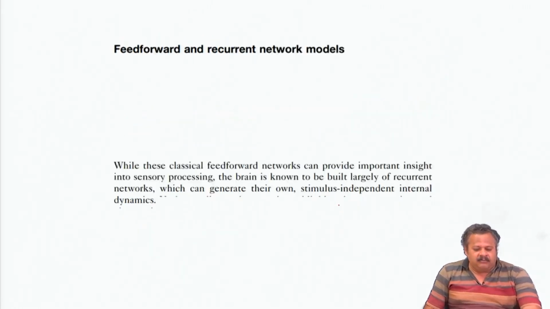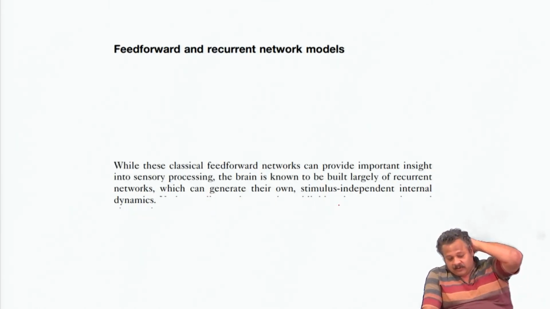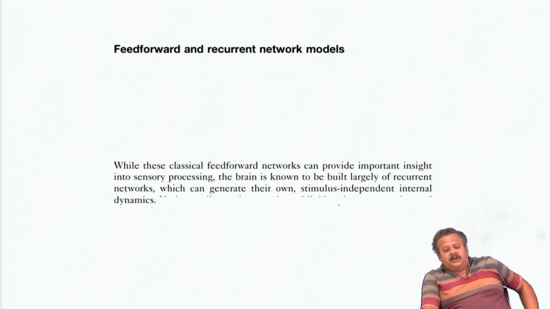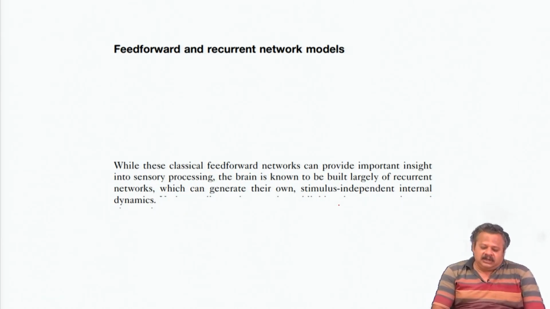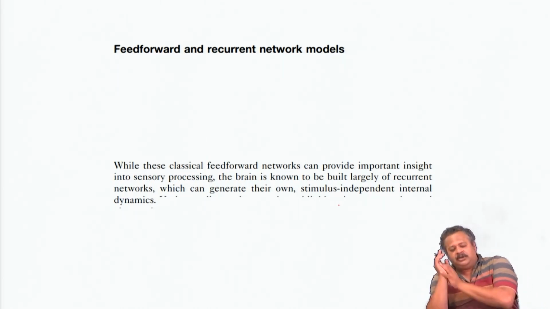The other points that were mentioned are the ideas of feed forward versus recurrent network models. Often, most of the examples of networks that we have looked at are feed forward networks, because based on feed forward networks, for example in the visual system, a large amount of understanding of the brain and parallel computer vision systems has developed.